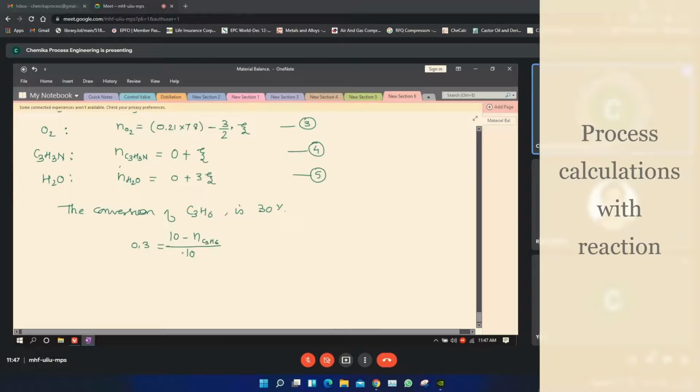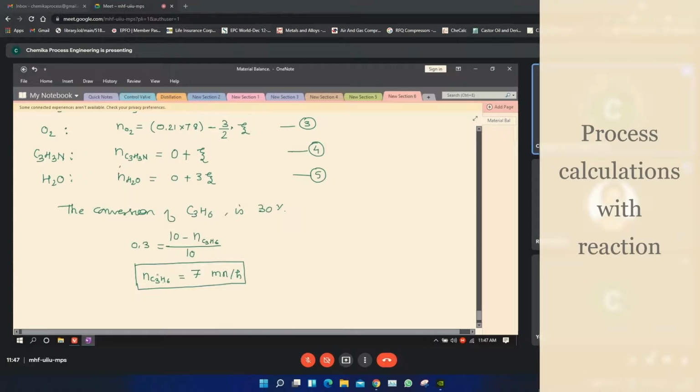We can find out how much of the outgoing flow rate of the propylene will be there, by just algebraic manipulation. So this will be 3. 10 minus 3, it will be 7, right? So it will be 7 moles per hour. In this feed you are putting 10, out of that only 30% conversion is there, means 3 moles will react, the rest of the 7 moles will exit.